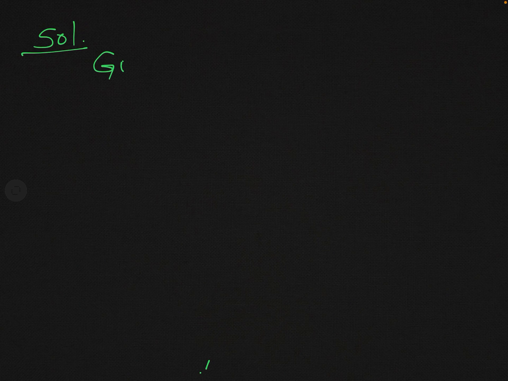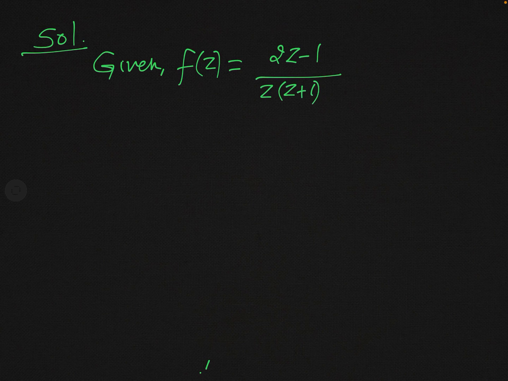In this problem f of z is 2z minus 1 over z into z plus 1 into z minus 3. You can see from this equation that we can easily find the poles or the isolated singular points of this function.